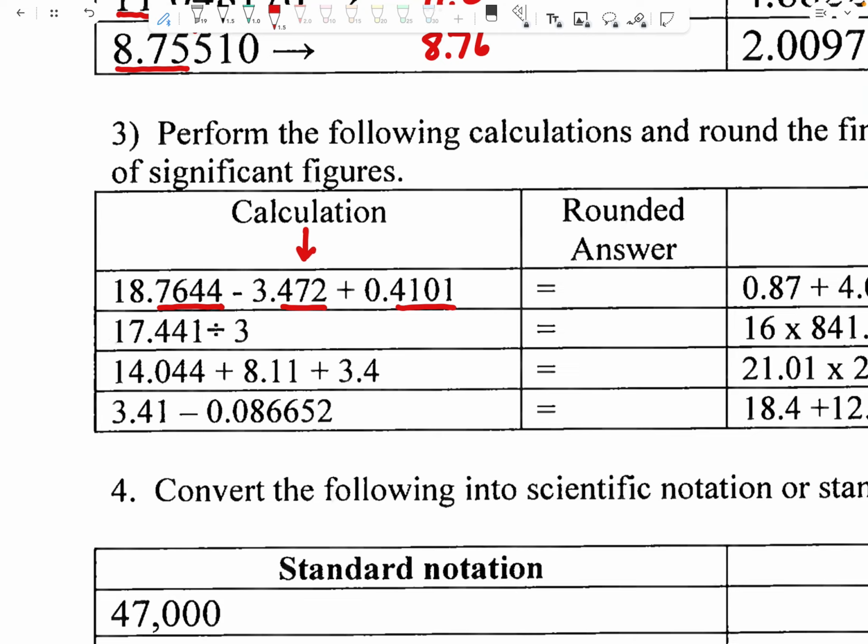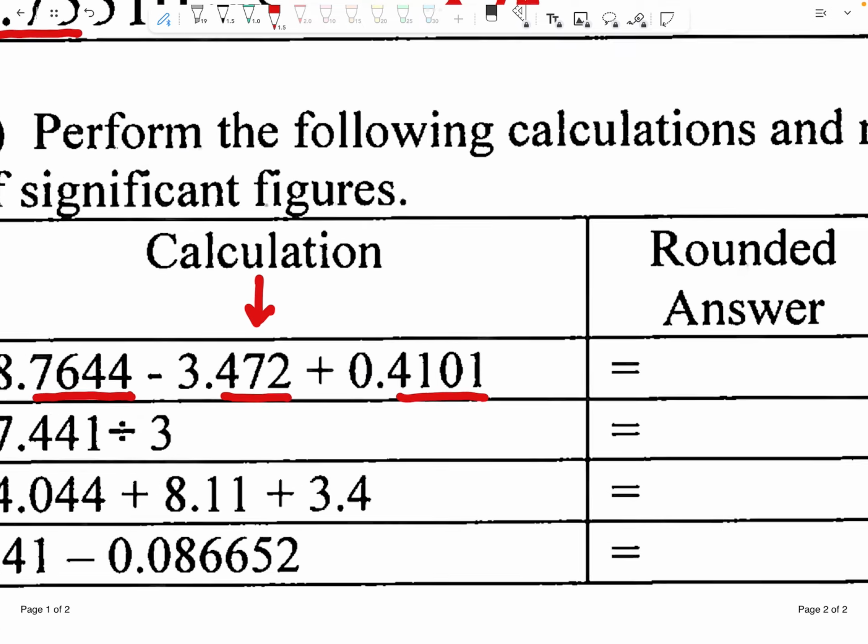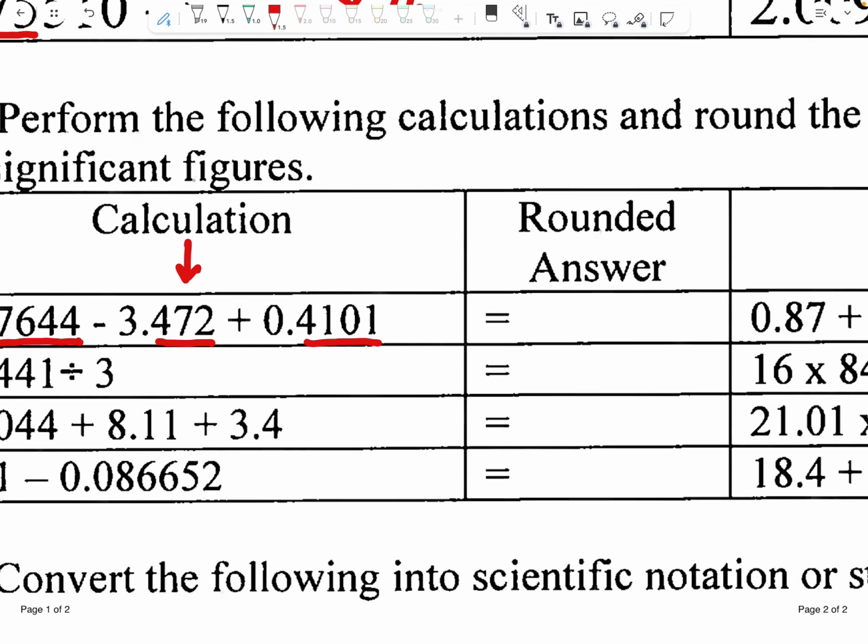So let me get my handy-dandy calculator out. So let me log into my phone here. And here we go. 18.7644 minus 3.472 plus 0.4101. The answer comes out to be, for that problem, 15.7025.